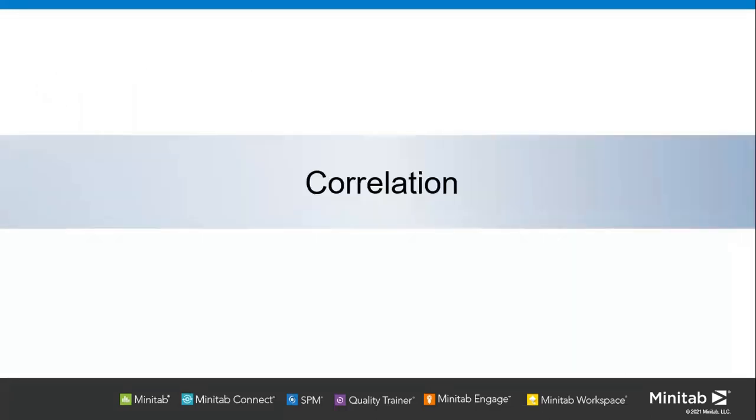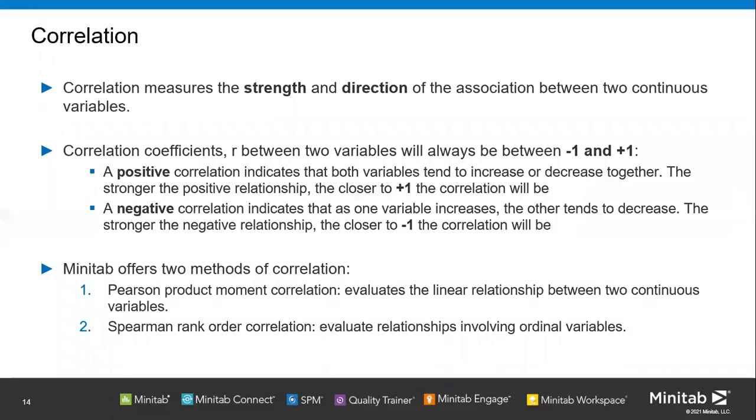Okay. So the first one here is correlation. Correlation measures the strength and the direction of association between two continuous variables.